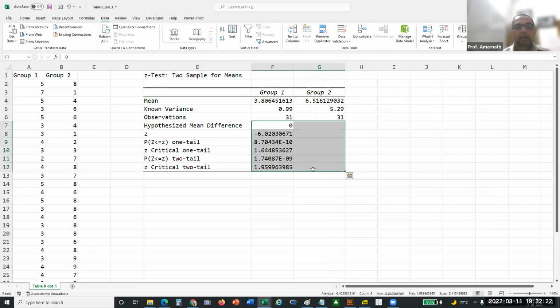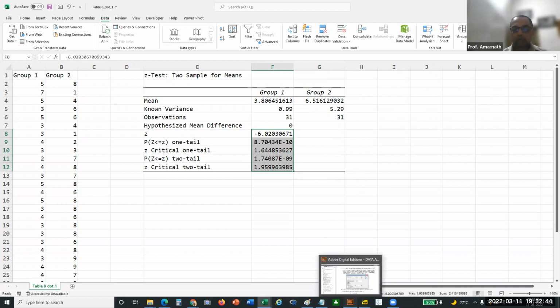So these are common to both. Here we have the two-tail values and the means. The mean for the first group is 3.80, group 2 is 6.51. So how to prove it?